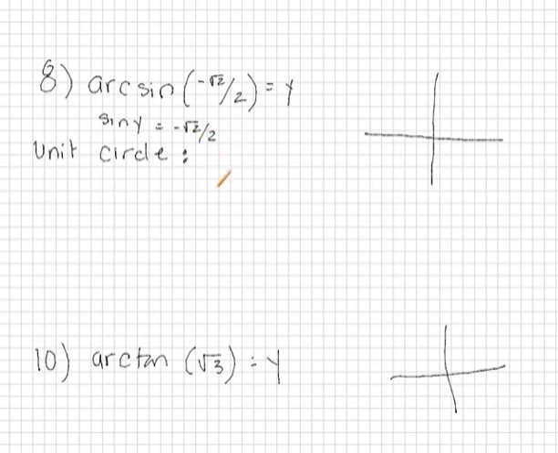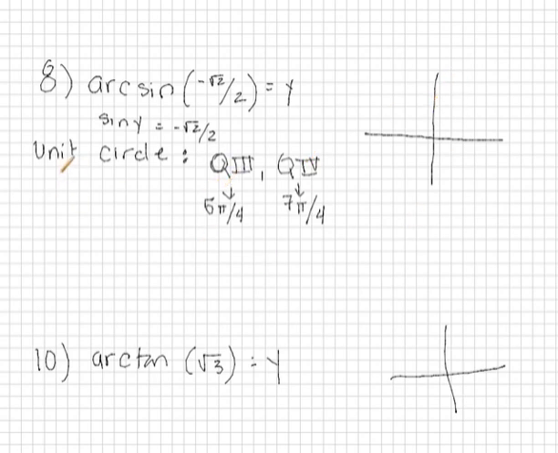There should be two of them. One of them is going to be in quadrant 3, and one of them is going to be in quadrant 4. So the one in quadrant 3 will be 5 pi over 4, and then the one in quadrant 4 will probably be labeled as 7 pi over 4.